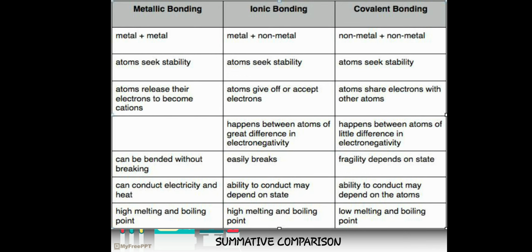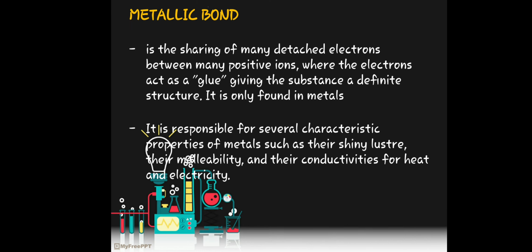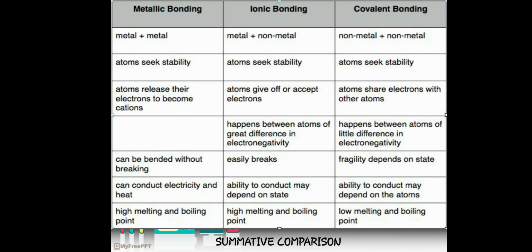So this is the summative comparison of metallic bond, ionic bond, and covalent bond. Always remember that metallic bond is in the middle, and metallic bond always occurs in the elements that are metals. Okay? Let's go now to the summative comparison of metallic bond, ionic bond, and covalent bond. In metallic bond, always remember that in sharing and giving of electrons, we have metals plus metals.